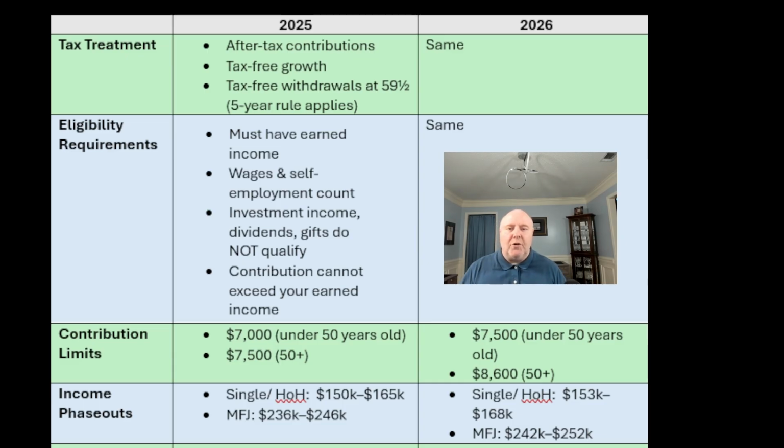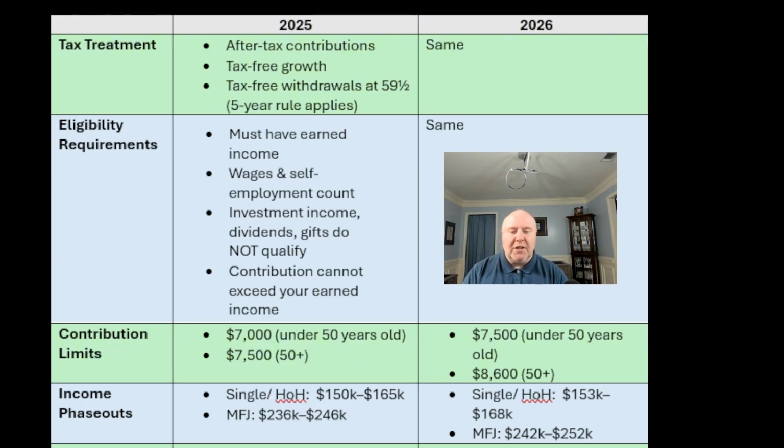So when somebody tells you, hey, I make too much to contribute to a Roth, well, yeah, traditionally you do, but you can do a backdoor Roth IRA and you can still accomplish the same things. It avoids some of the other requirements. It falls outside the scope of this video. If I get enough interest, I will do a video on the backdoor Roth IRA for you.